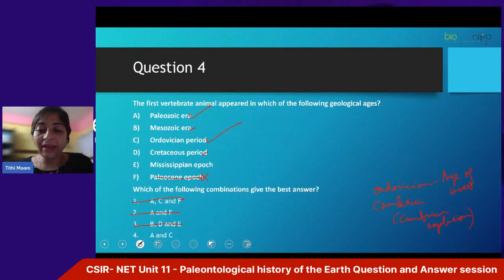After invertebrates, what will be the next complexity? This is very simple, right? Evolution will happen from simple to complex. So after the invertebrates, the next complexity is vertebrates. That means in the Ordovician period the vertebrates made their first appearance, and the Ordovician period comes in the Paleozoic era. So that's why A and D.